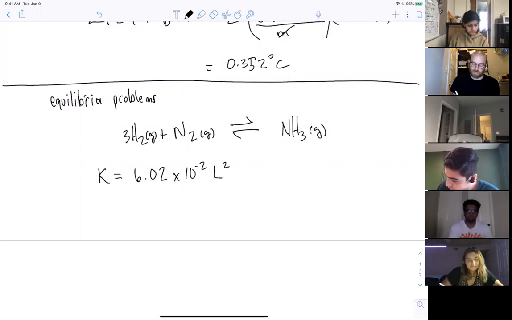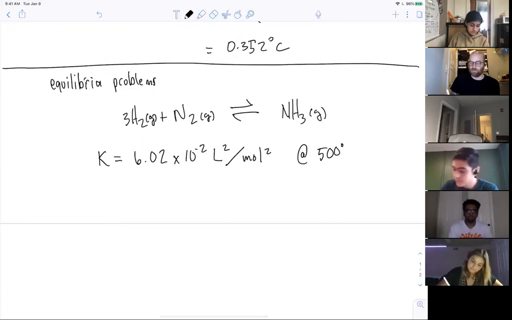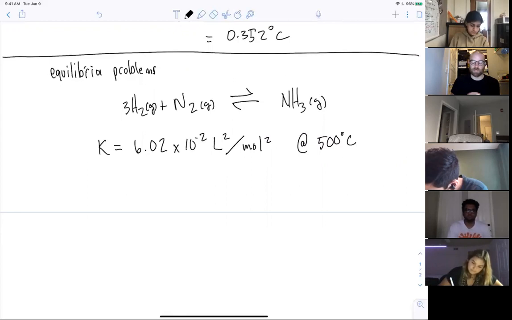The units on these get kind of weird: liter squared per mole squared. And this is true only at constant temperature. At 500 degrees Celsius, we know that K is always equal to this value. Usually we're at constant temperature, so that's not something you typically have to worry about. But it is important to know that it's only true at constant temperature.